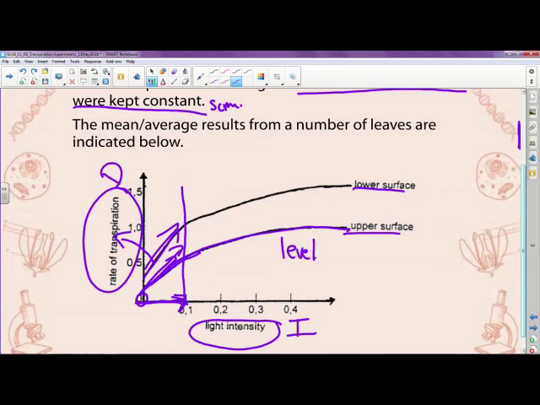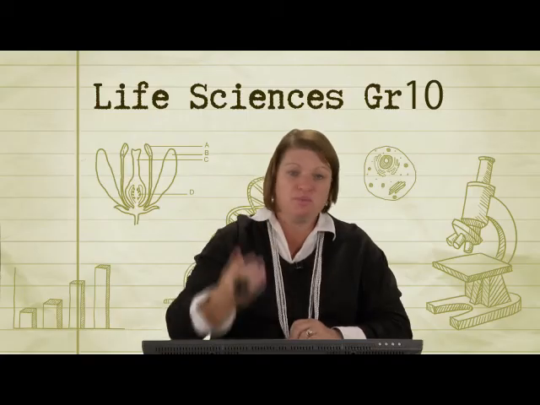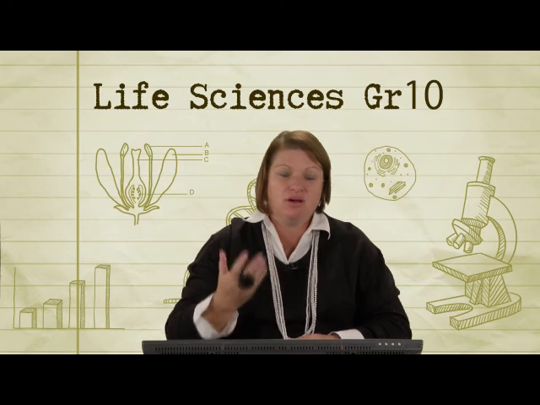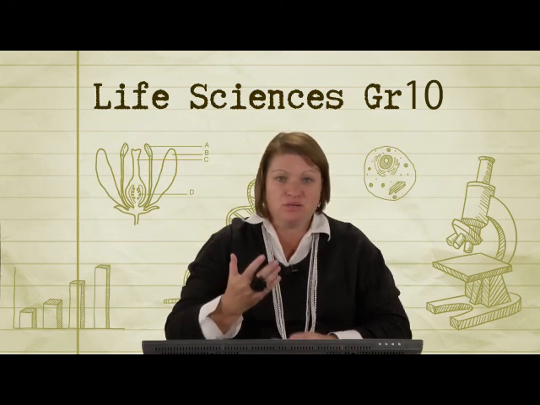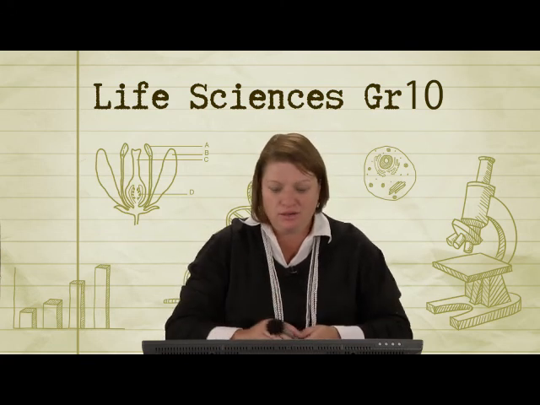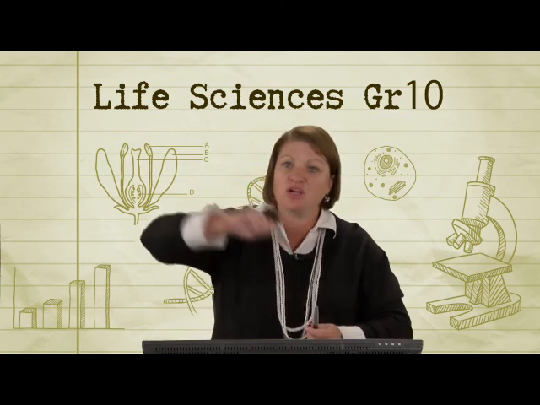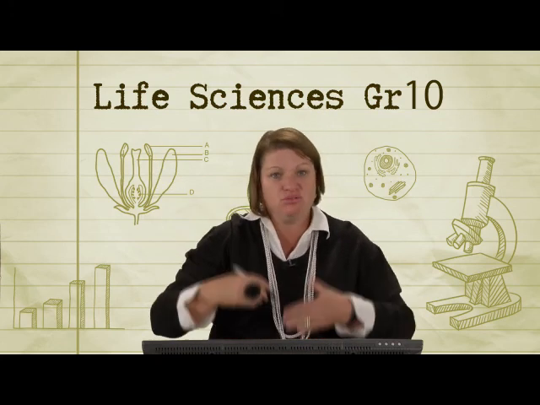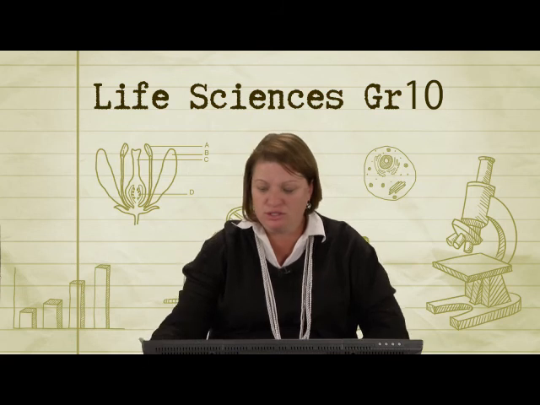What does that mean? It means that no matter how bright the light is, transpiration is only going to be able to happen so quickly. It can't just go up exponentially. It reaches a point where it's going to stabilize.